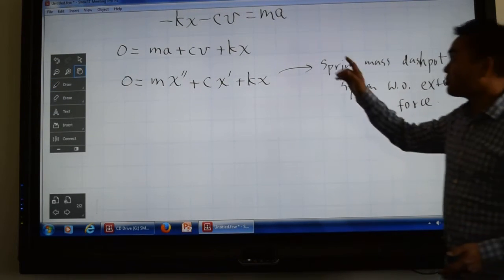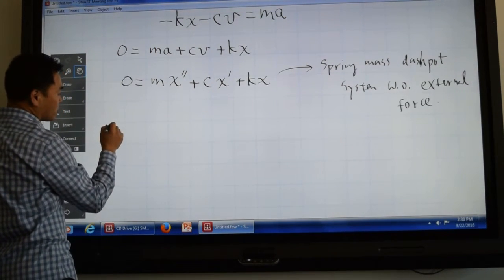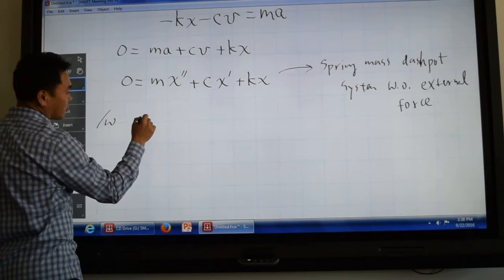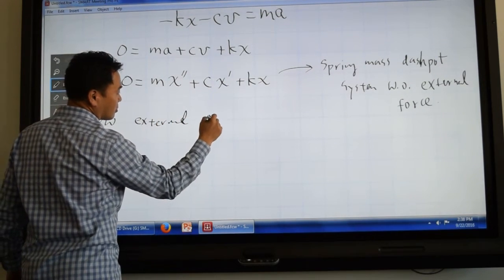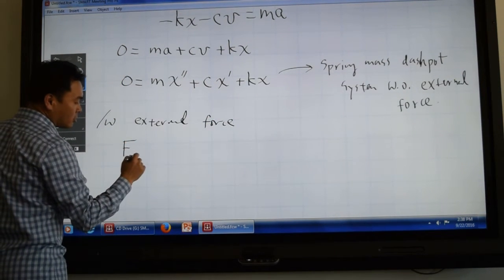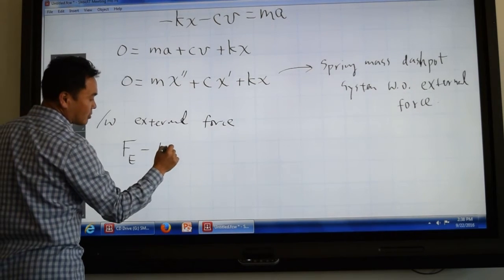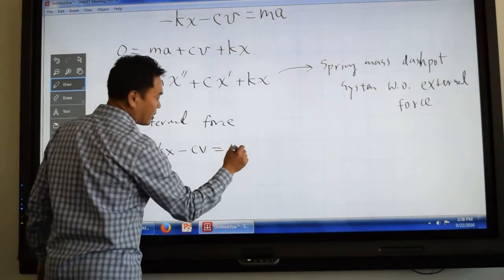Okay, now there's also the case where you have the external force. With external force, it goes like this. There's the F external minus kx minus cv equals ma, right?